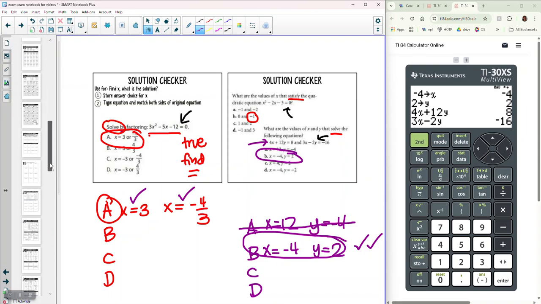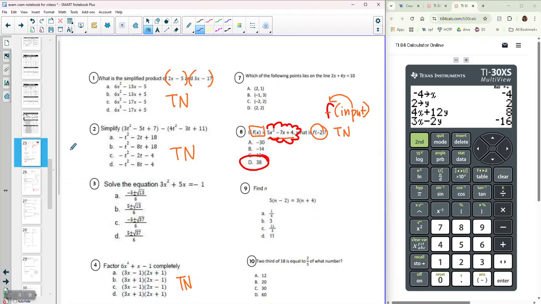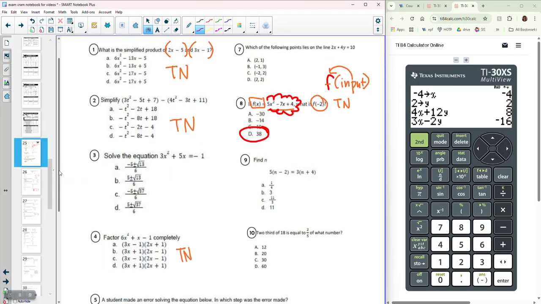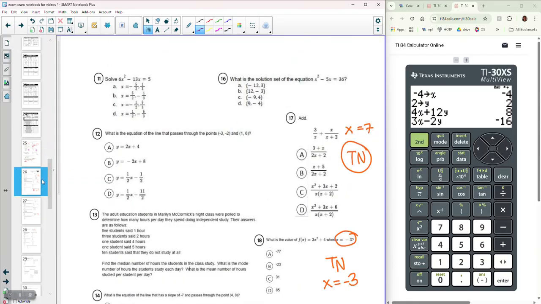Flip back to your practice problems and let's label any ones that we can put in as solution checkers. All right, we can put this one as a solution checker. This one is a solution checker, the solution set, solution checker, and we could put these in for x and y and use solution checker here.